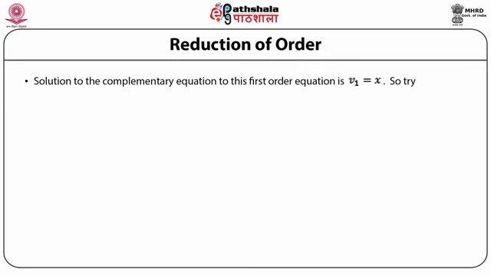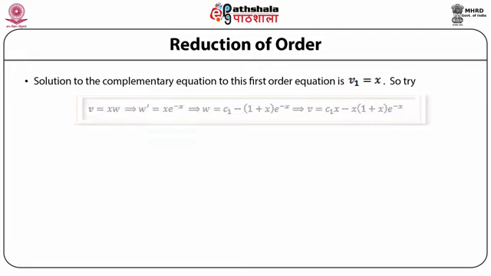The solution to the complementary equation of this first order equation is y1 = x. So we try a solution of the form v = x w. w' will be equal to x e^(-x). So w can be obtained by integrating the equation, and w = c1 - (1 + x) e^(-x).